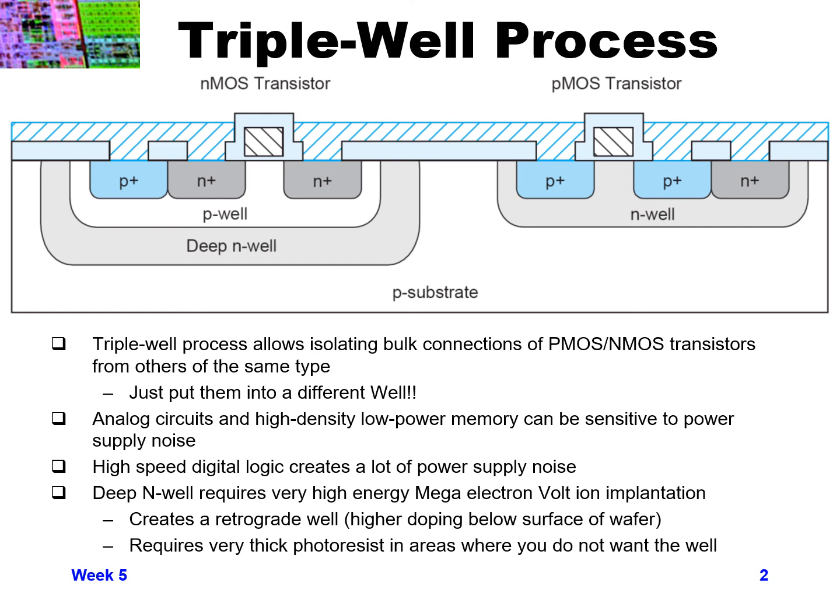Some of the reasons why you might want to use a triple well process: sensitive circuits like analog circuits, and some high density, low power memories can be really sensitive to power supply noise, and so you might want to have separate power and ground for your P and NMOS devices for these sensitive circuits.